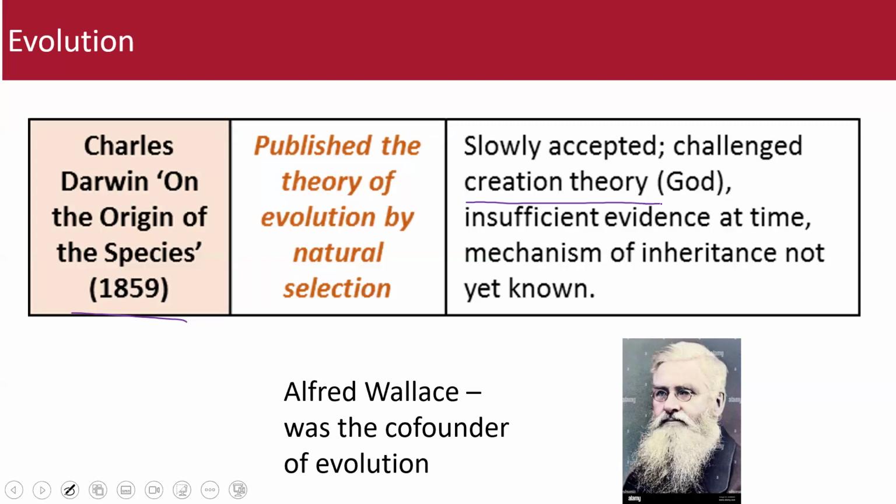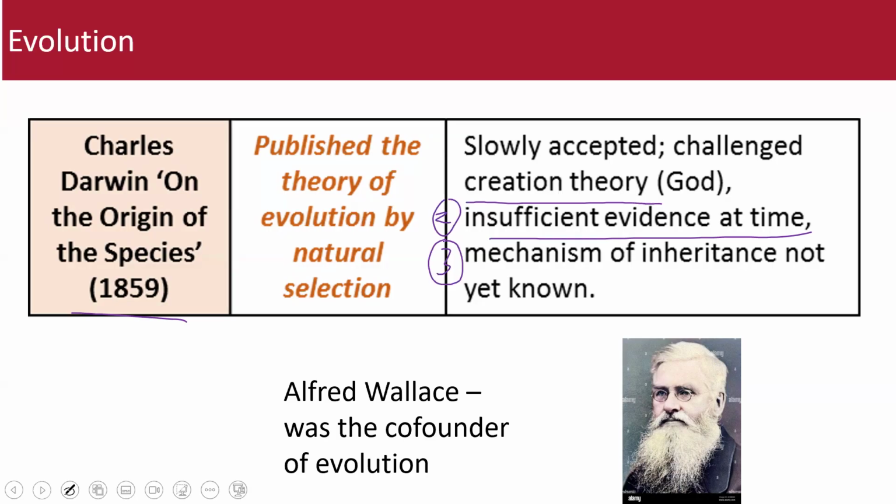Number two, there was very little evidence, because all Darwin had come up with was, oh, there's a load of birds on these islands here. And also, number three, people didn't know how inheritance was actually done. Okay, so people didn't understand about sperms and eggs and all those kind of things.